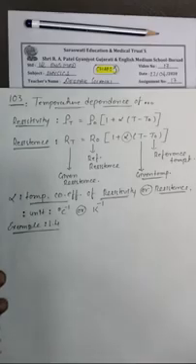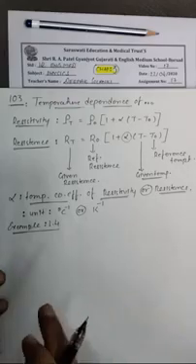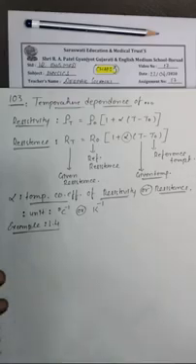First of all, let us take your textbook and open page number 105. Whatever I am writing, the analysis of the question, you will come to know what is R0, what is T0, what is RT, and what is T.